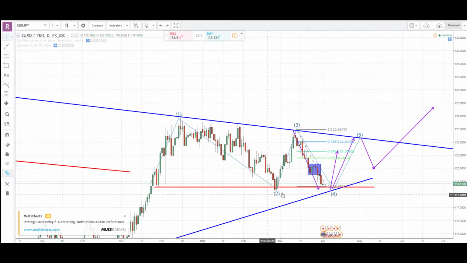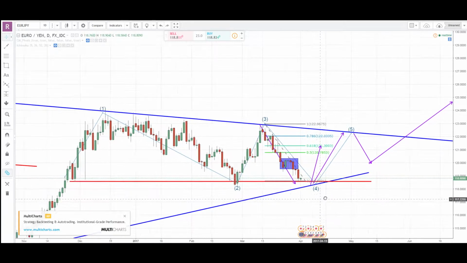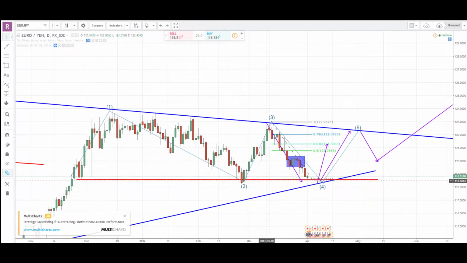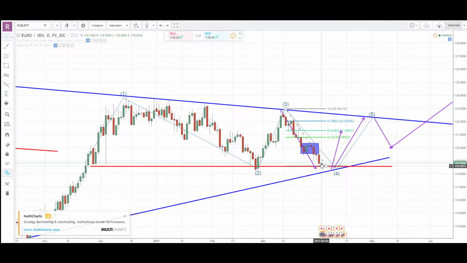Just a moment. Focus on this line, okay? The red one, which is at 118.5608. I think this line is a good kill zone, which I will enter now.